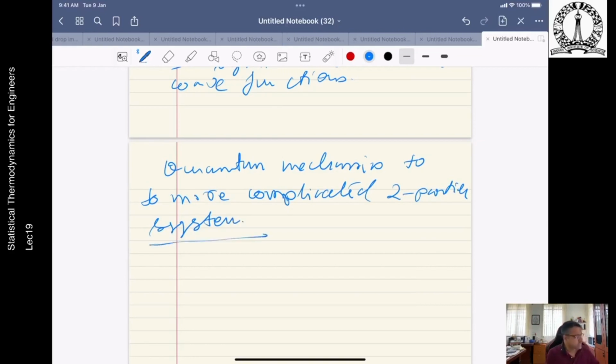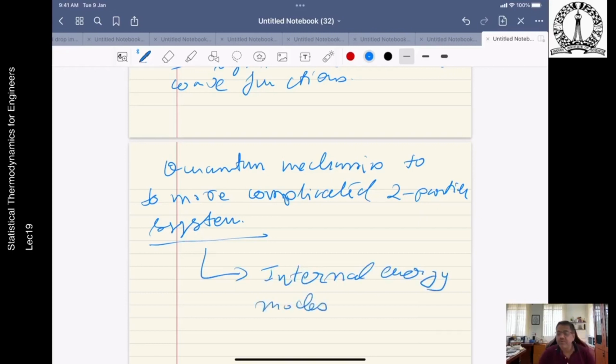That sets the stage for the analysis. We will use this to look at the internal energy modes, which are the modes that atoms and molecules have due to vibration, rotation, and so on.